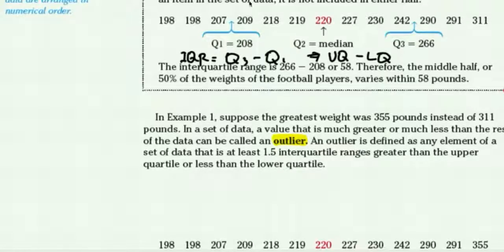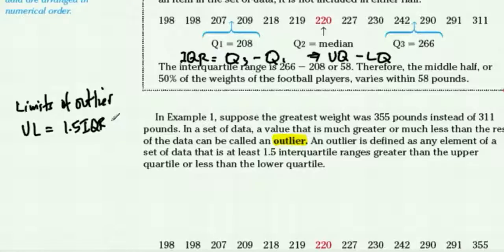What that means, in symbols, is that the limits of your outlier are as follows. Your upper limit, UL, will be equal to 1.5 times your IQR added to your Q3, or your upper quartile.